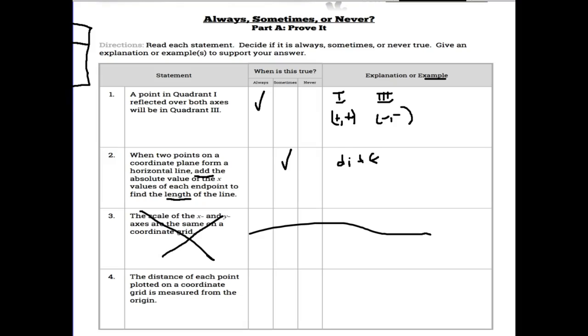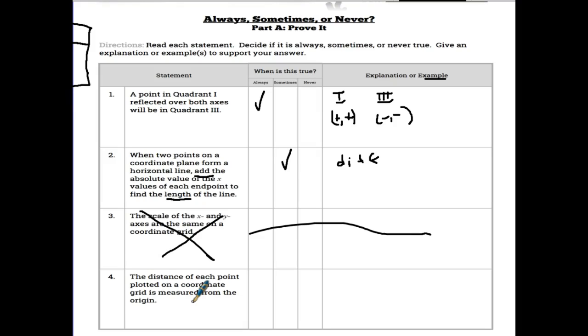Now, let's look at 4. The distance of each point plotted on a coordinate grid is measured from the origin. When you're going to plot x or y, you always start where? And then think about this statement, and you're going to decide if it's always, sometimes, or never.